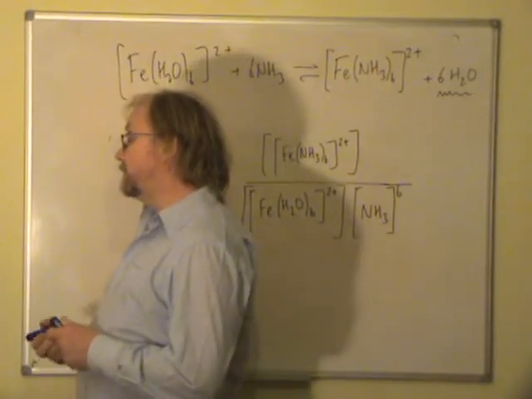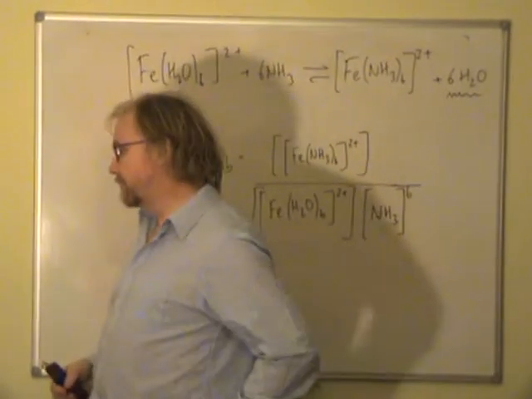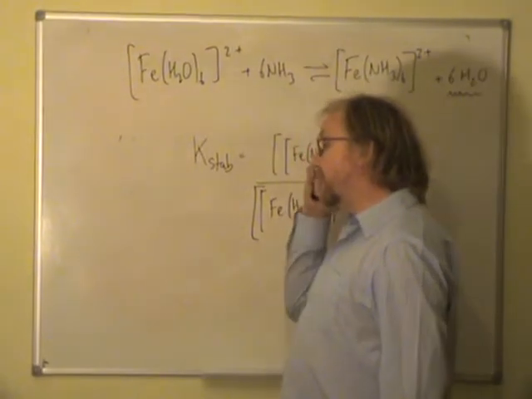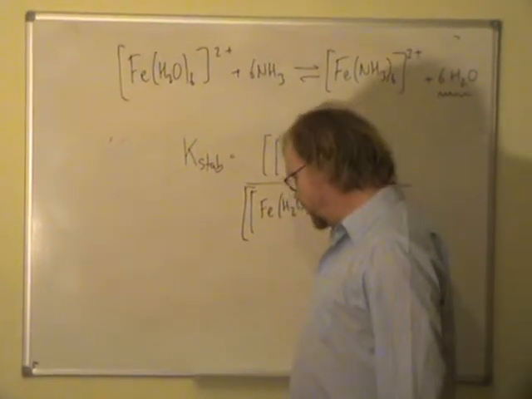And now we've got to think about hemoglobin as an example of an iron 2 complex. So first of all, you've got to explain how ligand substitutions allow hemoglobin to transport oxygen in the blood.